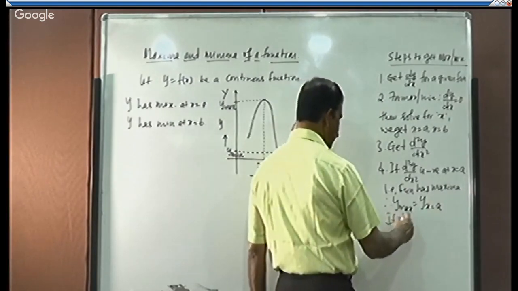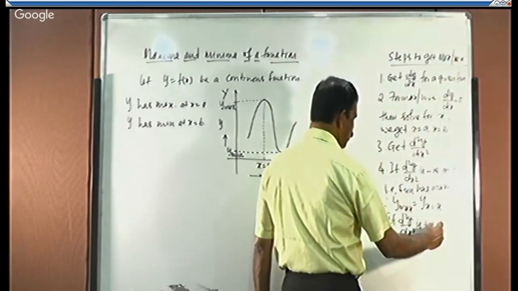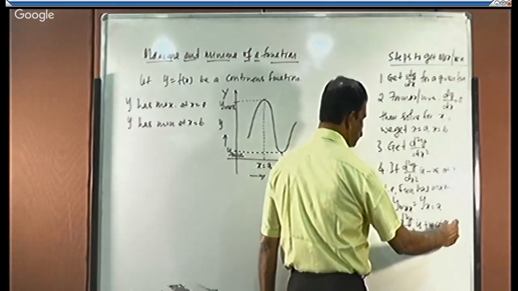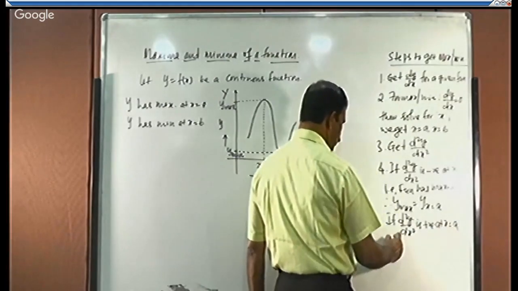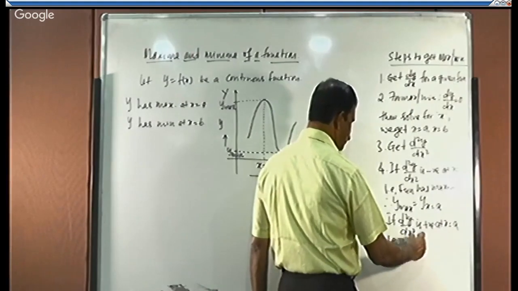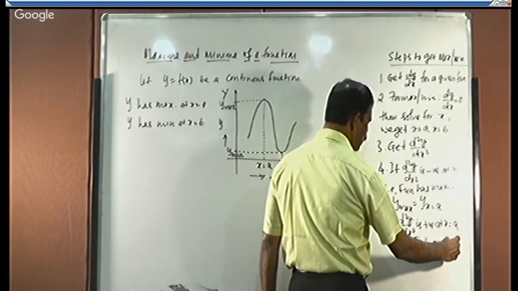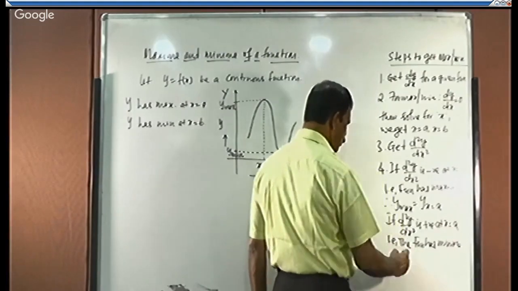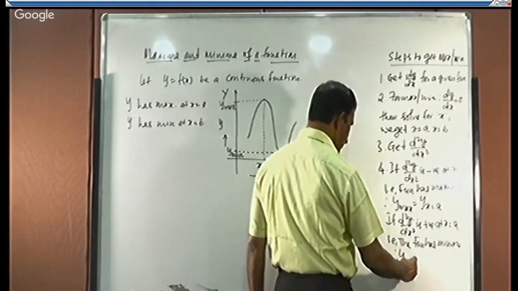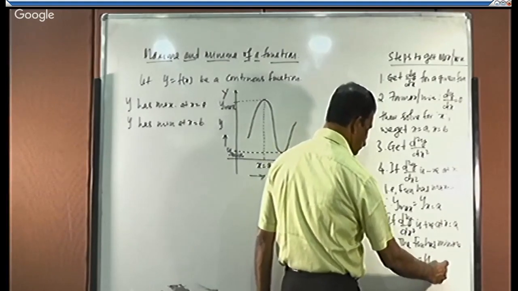Suppose d square y by dx square is positive at x is equal to a, it means what? The function has minima at x is equal to a. Therefore, y minima is equal to y at x is equal to a.